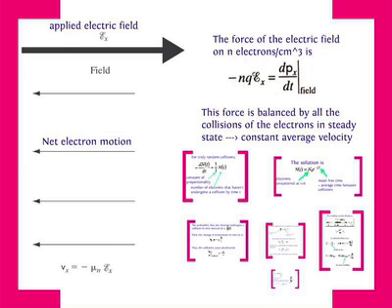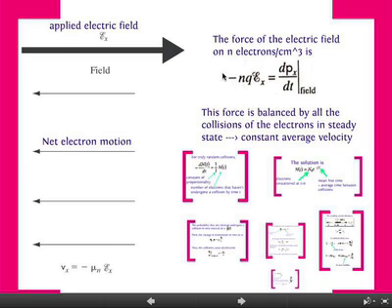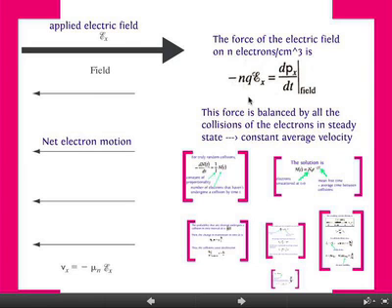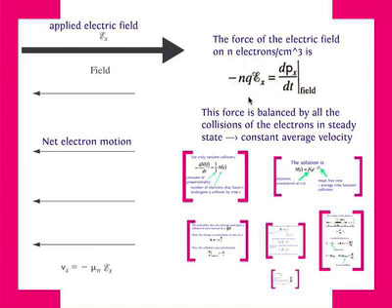Straightforward. So force shown here is Q times E times N, because there are N electrons per centimeter cubed, and we are averaging over all the electrons. And there's a negative sign because it's opposite to the field direction. If we have holes, that will be a positive sign. Straightforward.